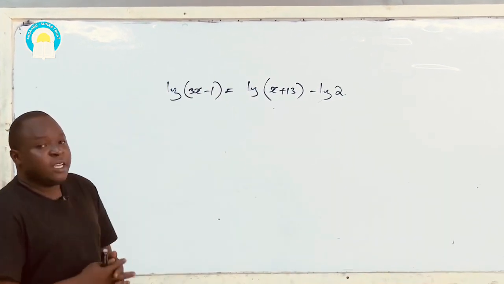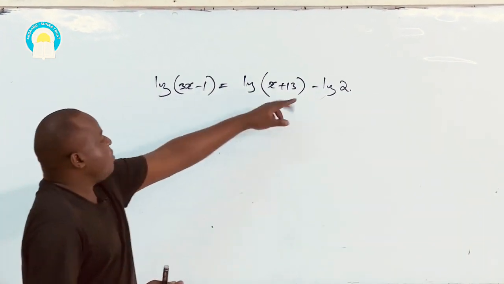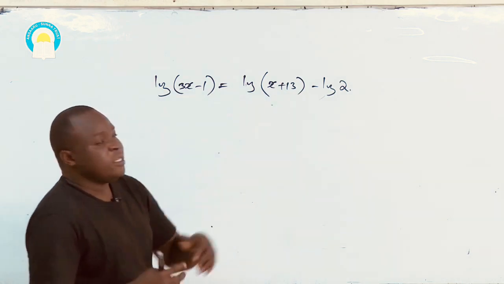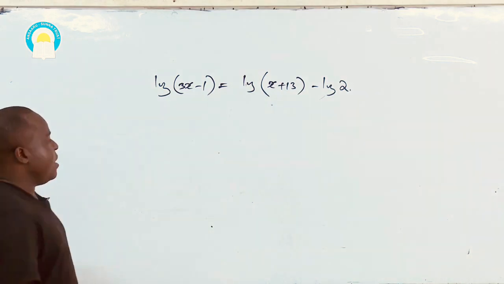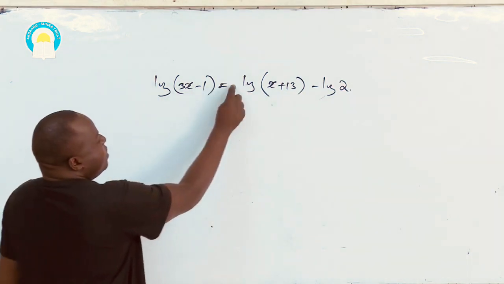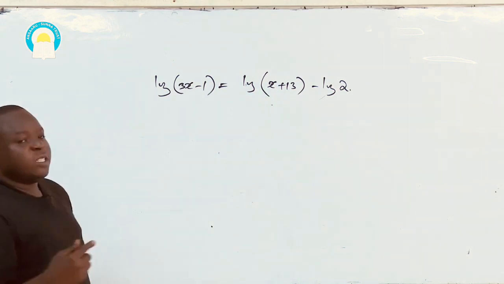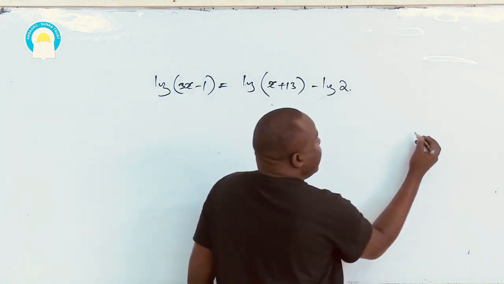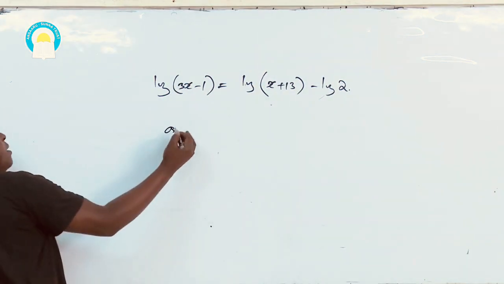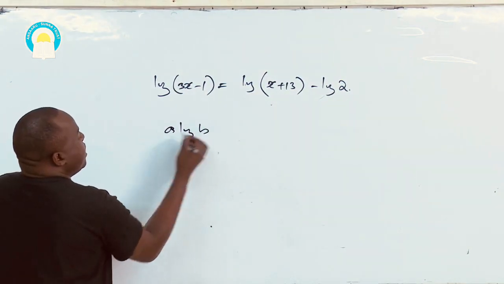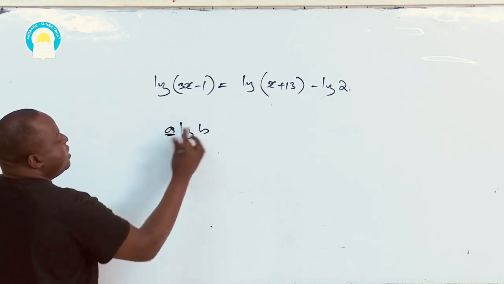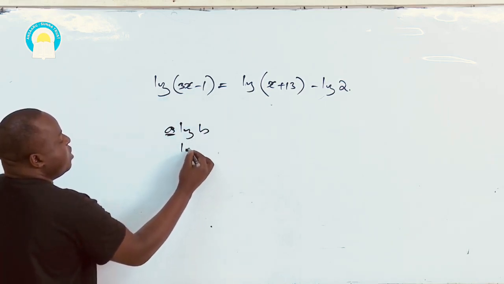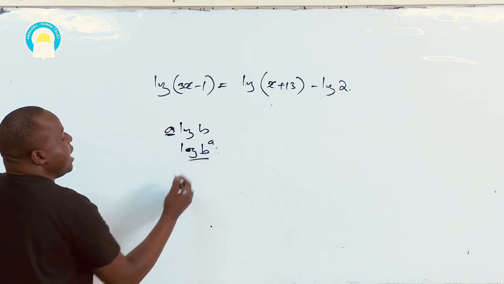The next part is, after ensuring that there are logs everywhere with the same base, check whether there are coefficients. If there are coefficients, remove them. Remember law 3: if I have a number, like a log b, this is what I'm calling a coefficient. To remove it, take it to the other side so it becomes log b raised to a.